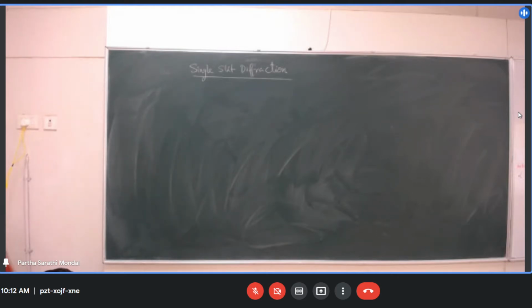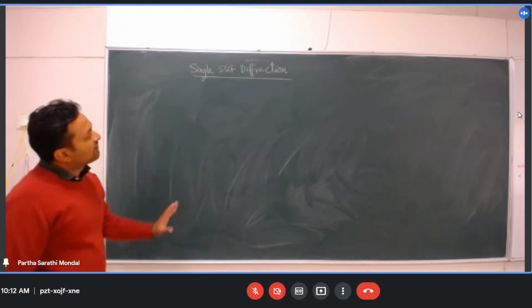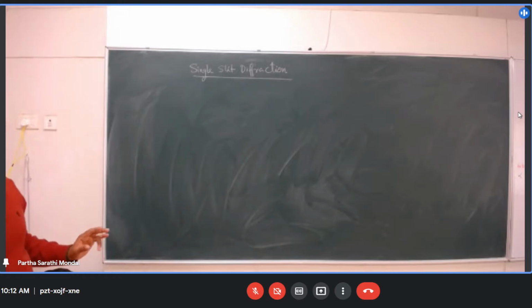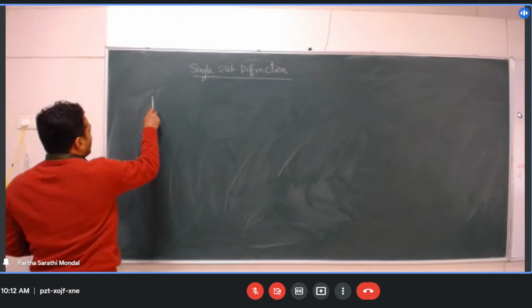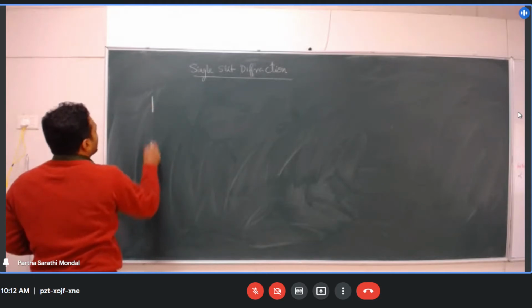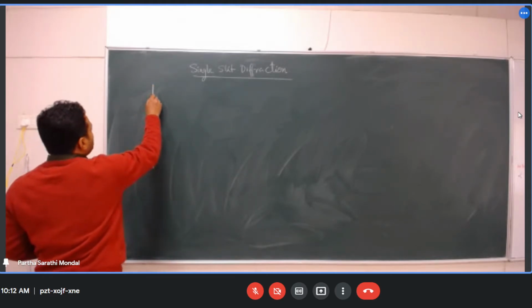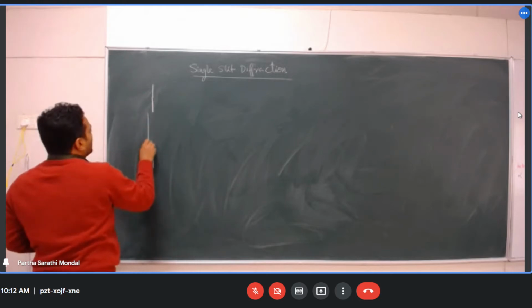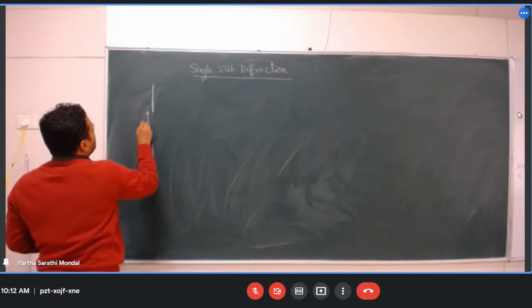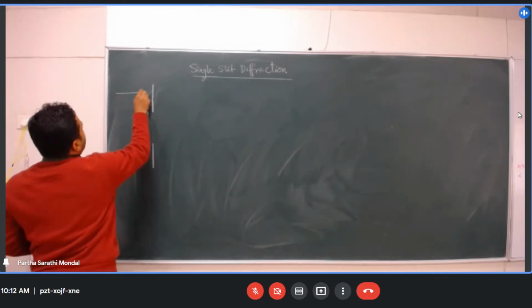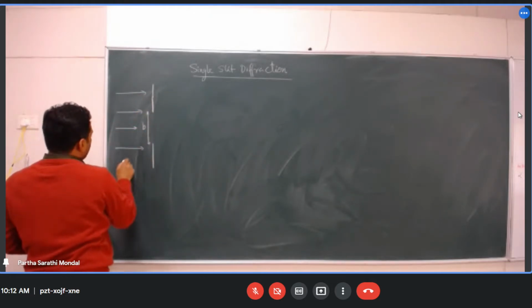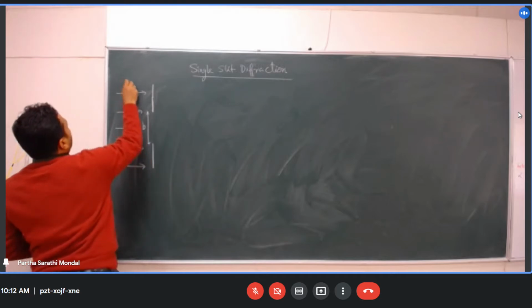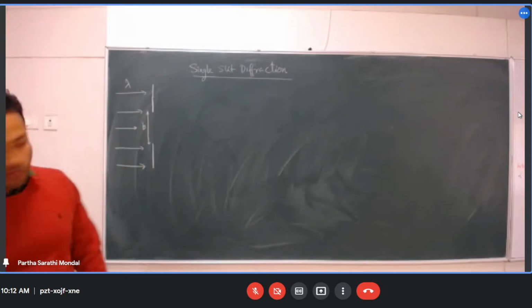Okay. So what we are discussing is the single slit diffraction phenomenon, which is a class of Fraunhofer diffraction. So let me draw once more. Suppose this is an infinitely long slit with opening b, and we have illuminated this slit with a plane wave of wavelength lambda.